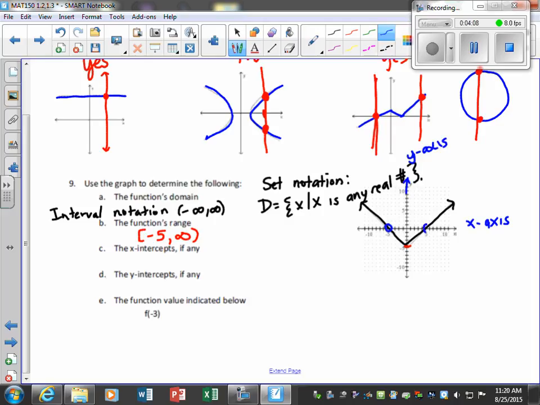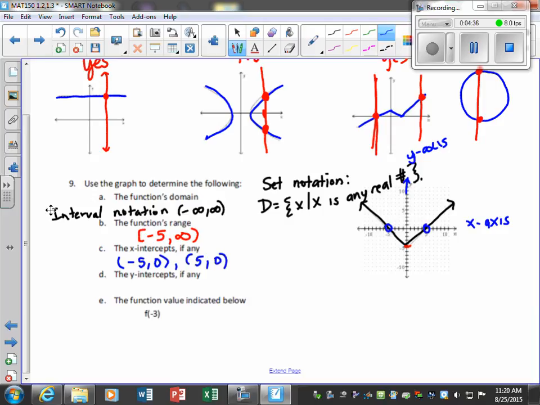Our graph crosses here and here, so our x-intercepts are the ordered pair (-5, 0) and the ordered pair (5, 0). Now, depending on how you're asked that question, sometimes in my math lab you might say just -5, comma, 5. But if they ask for an ordered pair and it keeps marking you wrong, then that's the ordered pair notation of the same thing.